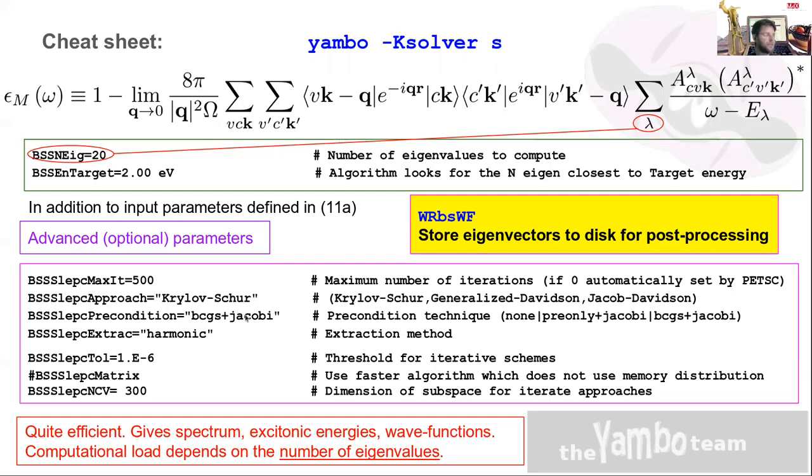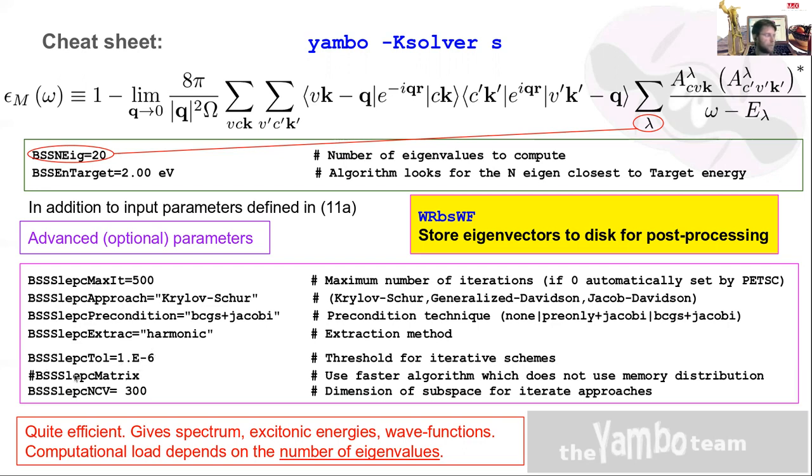If you don't set anything, the default one would be this Krylov-Schur, which is an optimal scheme for iterative solution of the matrix. But you can also set other schemes you can try. And these are experimental features. You can eventually add a preconditioner and play with the tolerance of the SLEPC scheme.